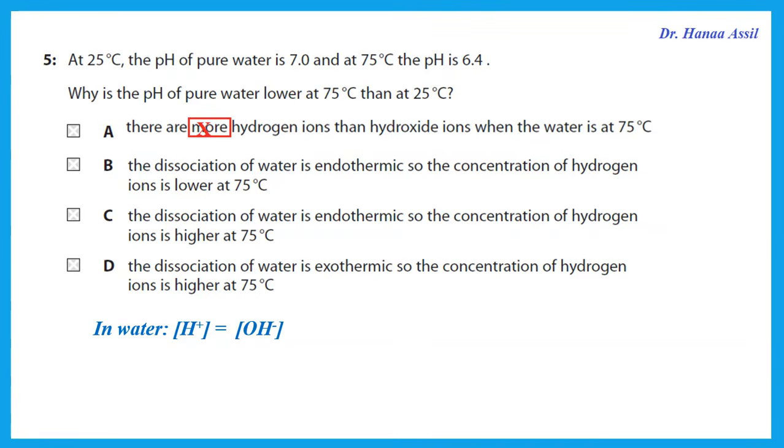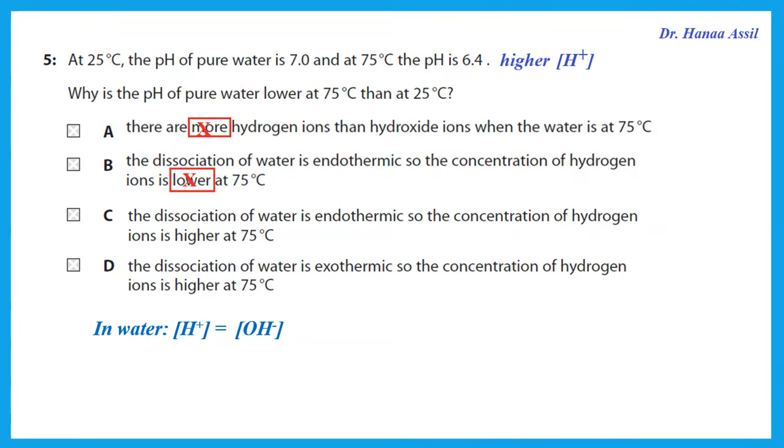When we say that at 75 the pH is 6.4, remember, when pH is lower, that means we have a higher concentration of H+ ions. So when they say the concentration of hydrogen ions is lower, no, that's not right, because the pH is lower. That means more H+. The dissociation of water is endothermic, so the concentration of hydrogen ions is higher at 75.